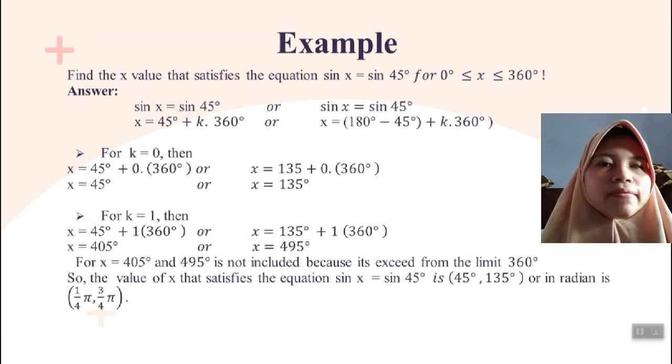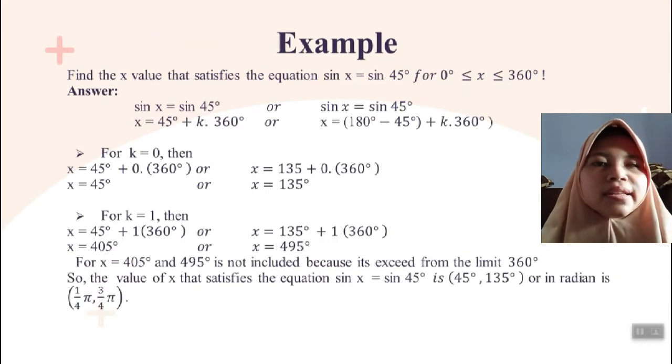Example: find the x value that satisfies the equation sin x equal to sin 45 degrees for 0 degrees less than or equal to x less than or equal to 360 degrees.